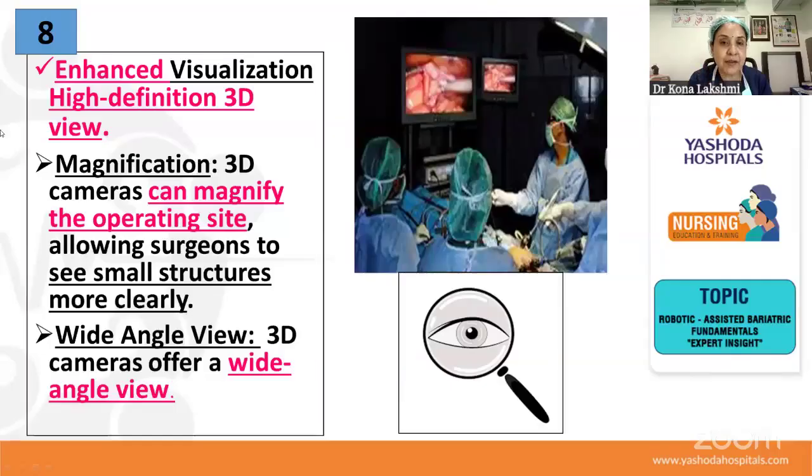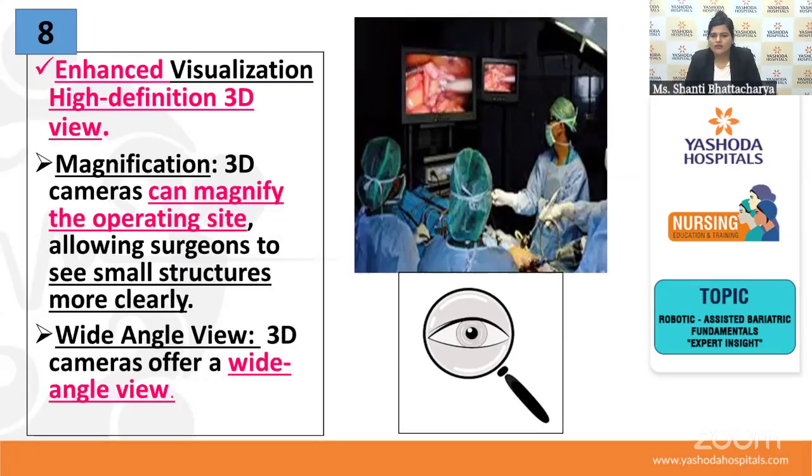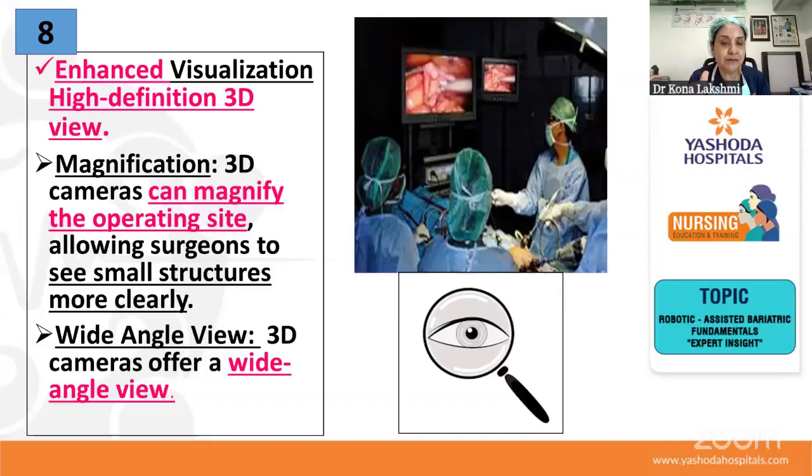Even though you have magnification, we think it is just like taking an ordinary magnifying glass and seeing. No, the AI will downscale. Liver should look like this, blood vessel should look like this, nerve should look like this. That is where the AI information is fed into the system so that everything looks real time to us.